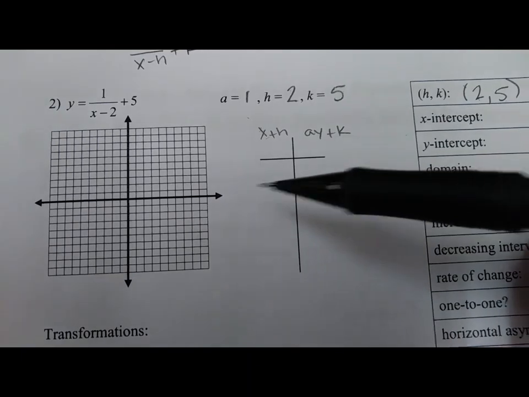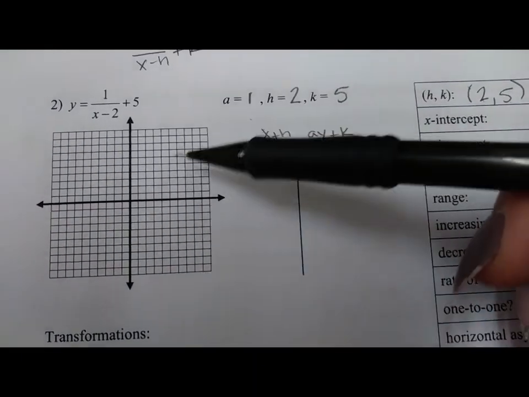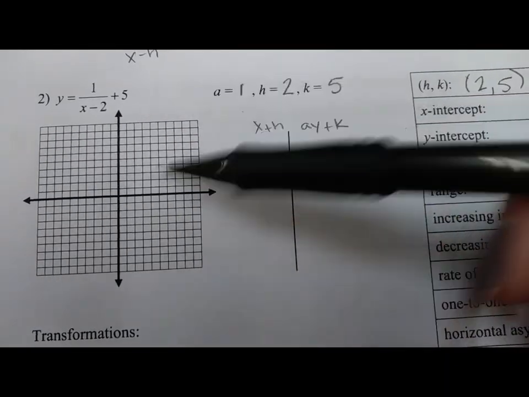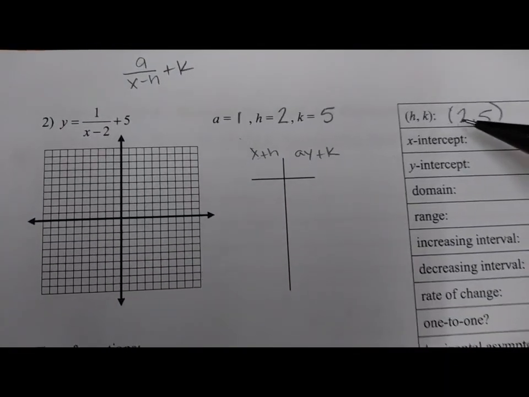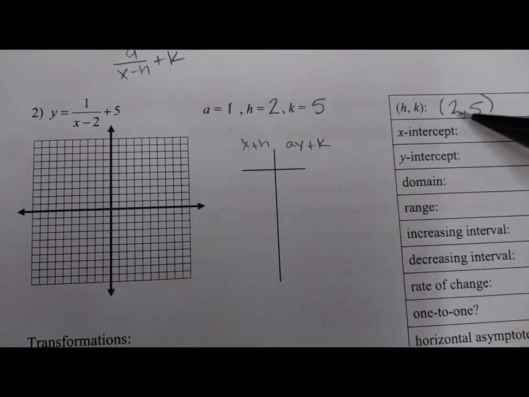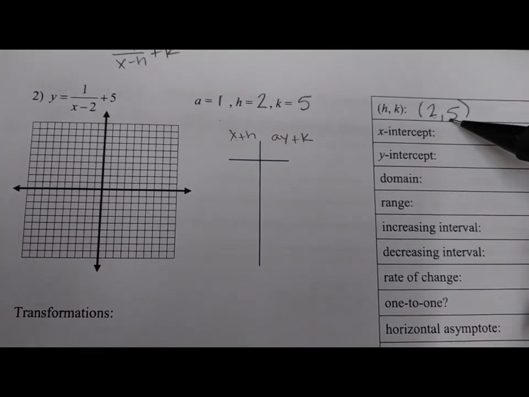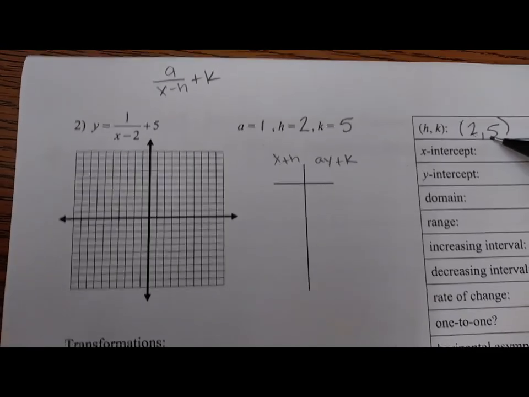So it's just nice to know that ahead of time, so you don't draw a weird line and then have to erase it and go back. So I know that my asymptotes are going to be x equals 2 and y equals 5.